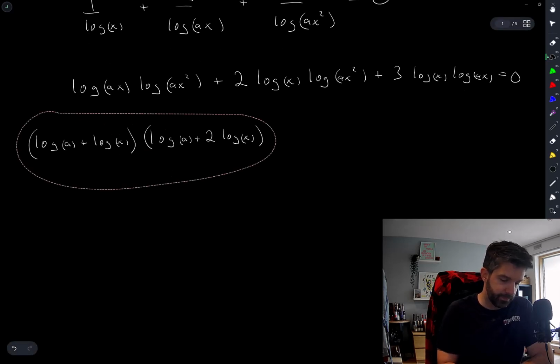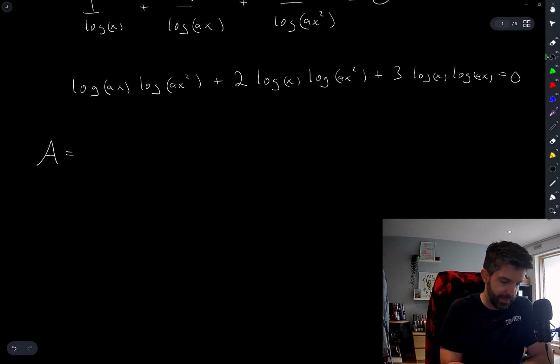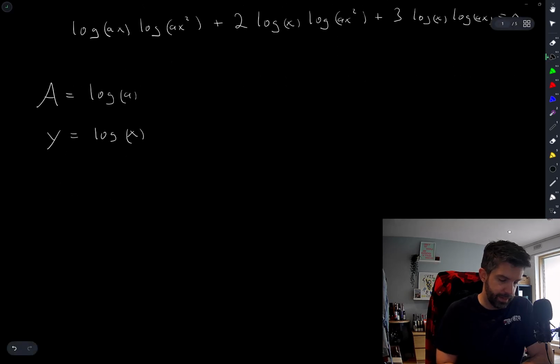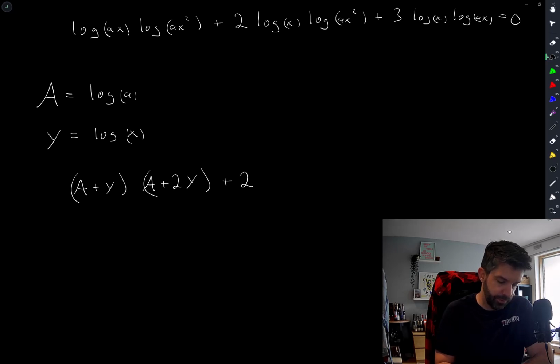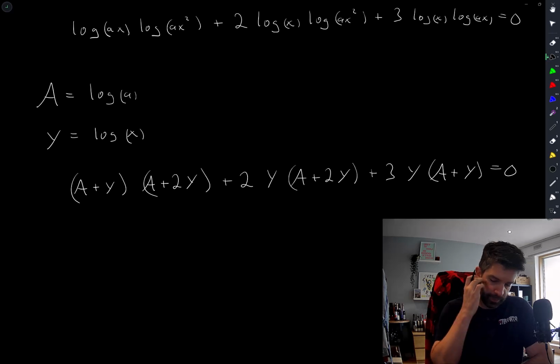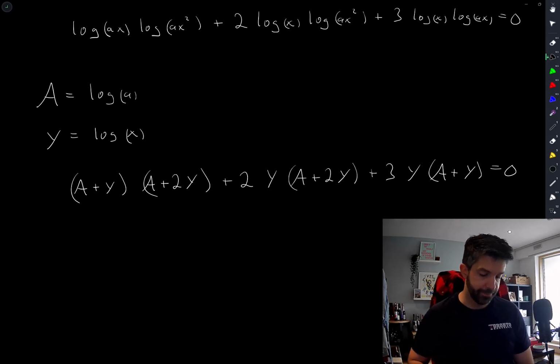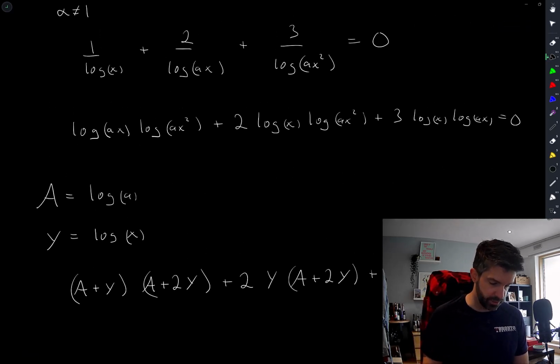Okay, so let's say capital A is equal to log of a and y is equal to log of x. Then I have (A plus y)(A plus 2y) plus 2y(A plus 2y) plus 3y(A plus y) equals 0. So this is quadratic with respect to y, although it will take some simplification.